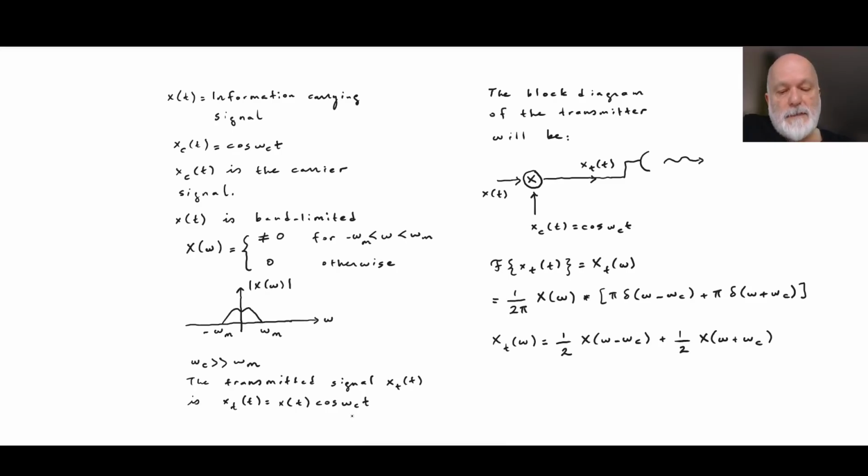So after this operation of multiplication, which is called modulation, and it is called amplitude modulation, because when you multiply the information carrying signal with the cosine signal, and the cosine signal has a frequency omega c, which is much larger than the highest frequency in the Fourier transform of x of t, it will seem like a signal which is modulated by means of this carrier signal.